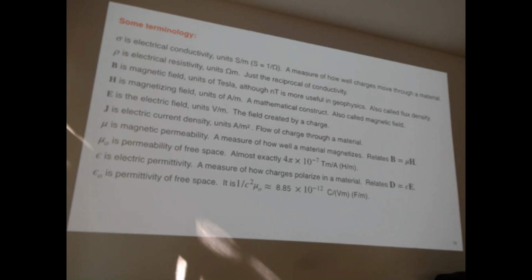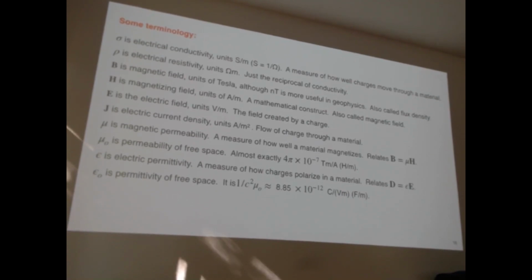You can't measure it, but people like it all the same. And to make things really confusing, a lot of people will call that the magnetic field too. We'll talk about the difference; B and H are related through magnetic permeability, which is a measure of how well rocks magnetize. And I'm sure Gillian's told you all about how you get magnetization in rocks, right?